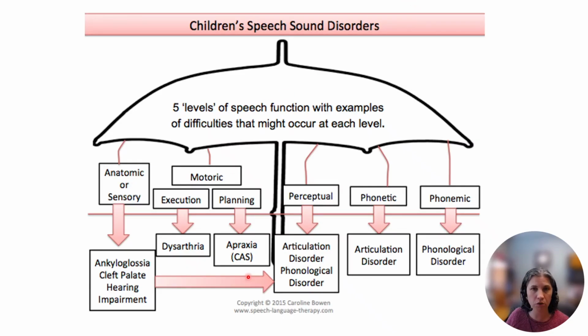Motor speech disorders impact either motor planning and programming or execution. Most speech sound disorders resolve in childhood spontaneously or with low intensity therapy. In contrast, pediatric motor speech disorders often require years of intensive specialized speech therapy to improve intelligibility, and some kids are never able to achieve completely intelligible speech.